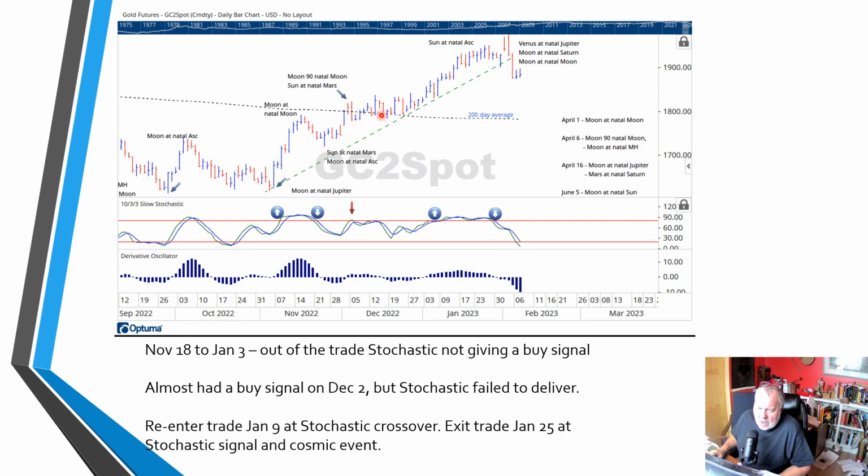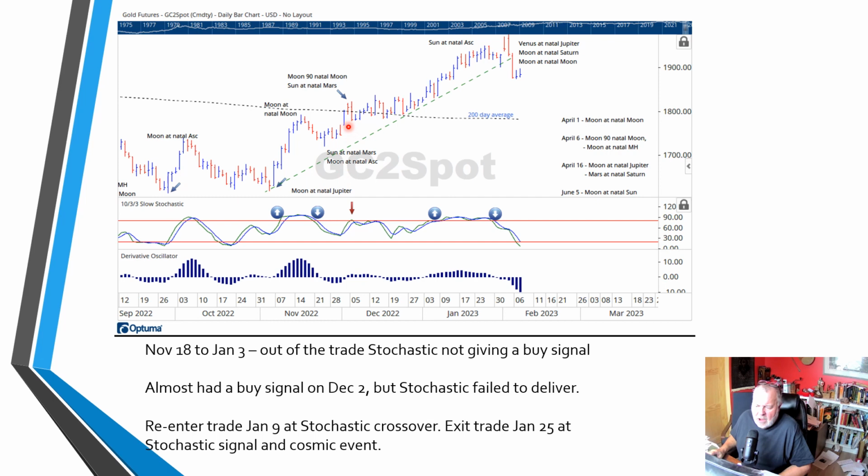continues to rise, but you're not getting the actual buy signals on the stochastic. Your derivative oscillator bars are pretty tepid. They're above a little bit, they're below a little bit. So unfortunately, the technicals would have kept you out of any gold trades.